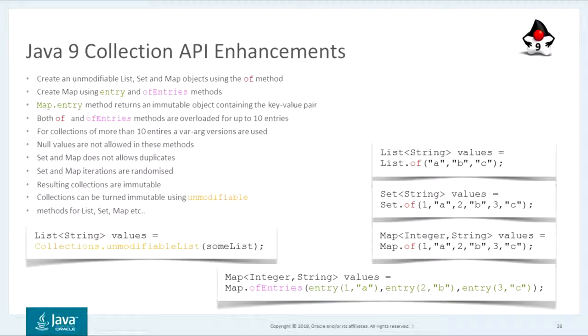So the key is 1, value A, key 2, value B, etc. The of method is just listing them all as one chain of parameters. ofEntries creates a separate entry, a name-value pair, for each element first, and then creates the collection of these entries, the map of these entries.